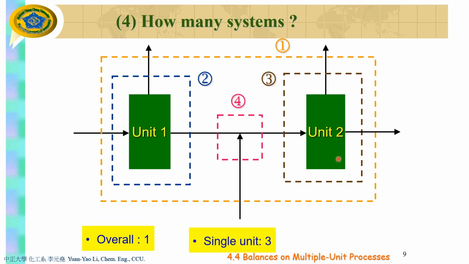So there are 3 single unit systems. How many 2 single unit systems? How many? 1, 2, right? There are 2 single unit systems. Okay?